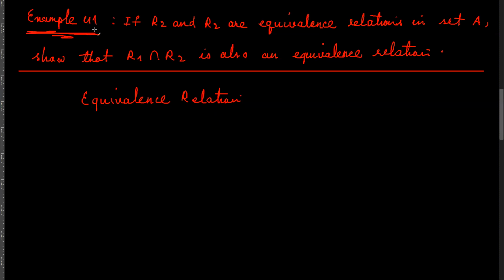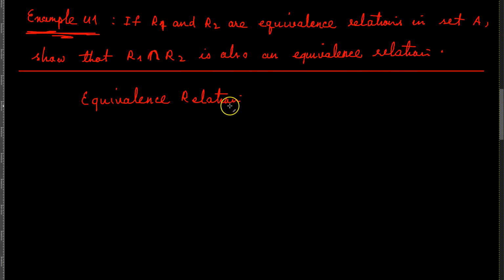Okay, the first thing I need to correct is that I made a mistake here. This is supposed to be: R1 and R2 are equivalence relations on set A. We want to show that R1 intersection with R2 is also an equivalence relation.